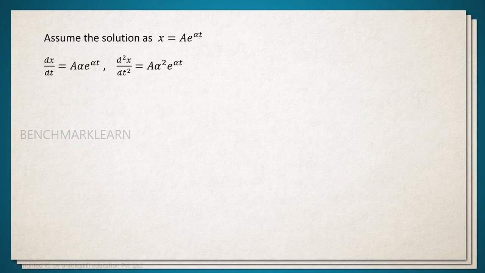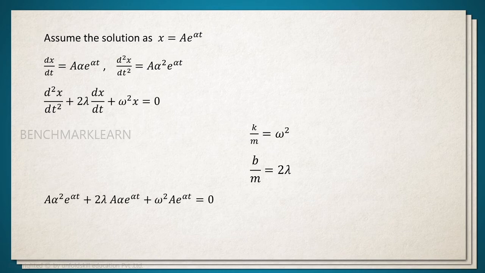We have dx by dt equal to a alpha e raised to alpha t, and d square x by dt square equal to a alpha square e raised to alpha t. By substituting, we get a alpha square e raised to alpha t plus 2 lambda a alpha e raised to alpha t plus omega square a e raised to alpha t equal to 0.